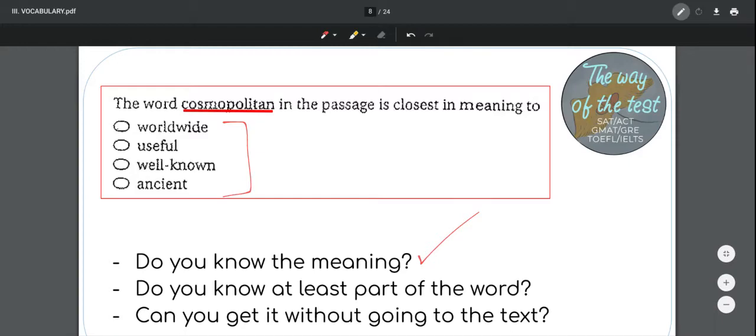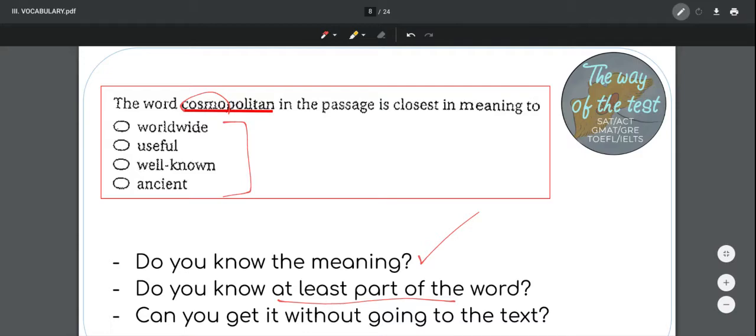If you don't know the meaning of the word, try to see if you know at least part of the word. Maybe you don't know the meaning of cosmopolitan, but maybe you know the meaning of cosmo, or maybe you have heard this word before, or you have used it even without knowing its meaning.